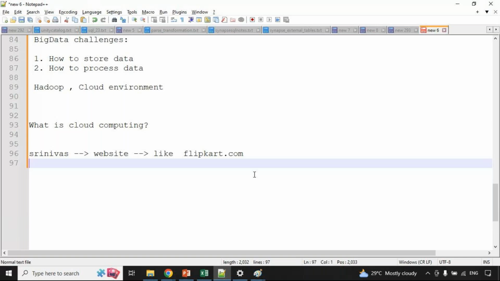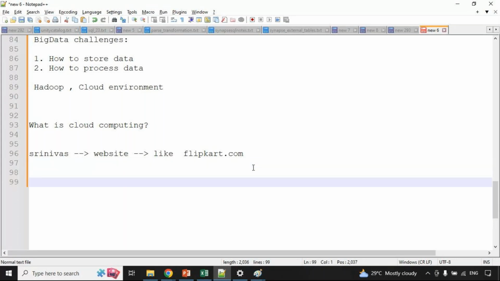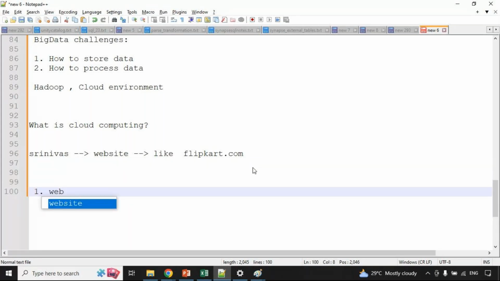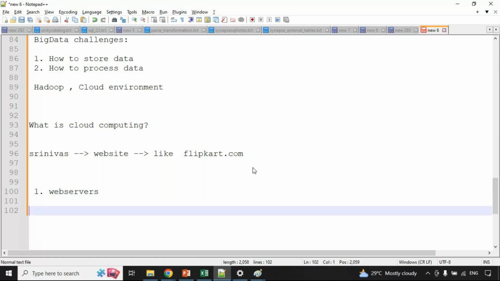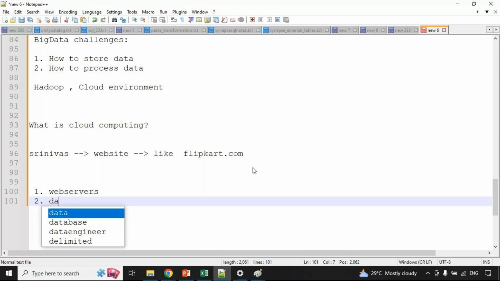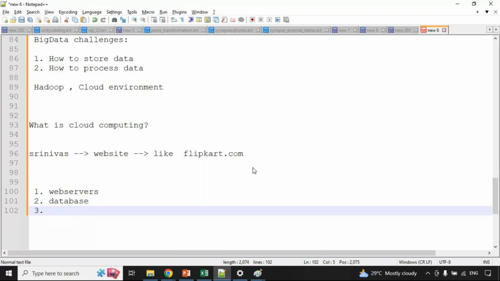Now, cloud computing. Here I am the person who is going to start a website like Flipkart. I want to start my own website. For this, what things are required? I want to purchase web servers and databases. I have to maintain an office environment; infrastructure is required.